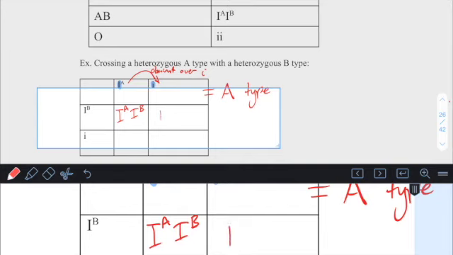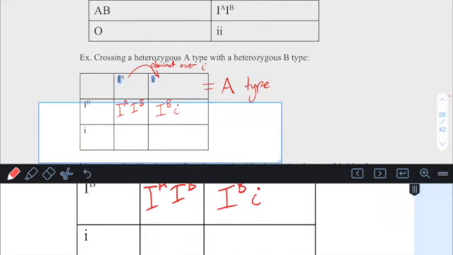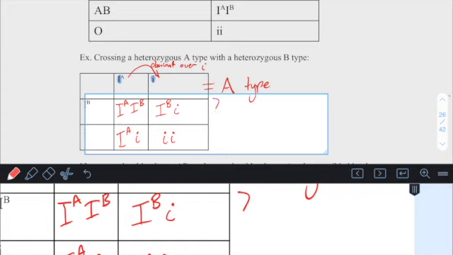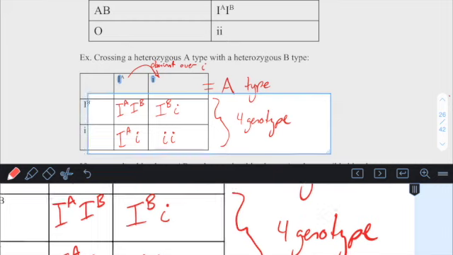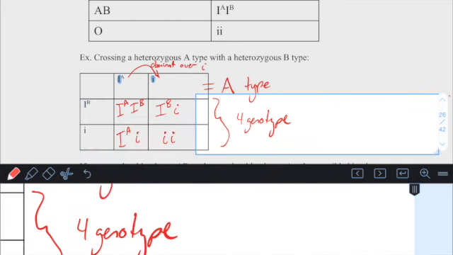So crossing two heterozygote pairs still gives us 4 genotypes, which is exactly what we would get normally, except now all 4 genotypes are unique, and so we end up with a new ratio, right?